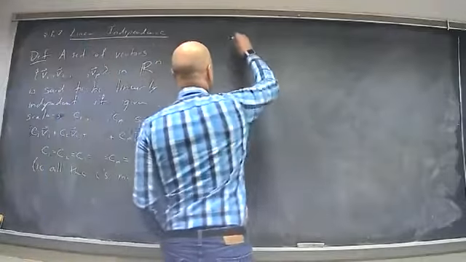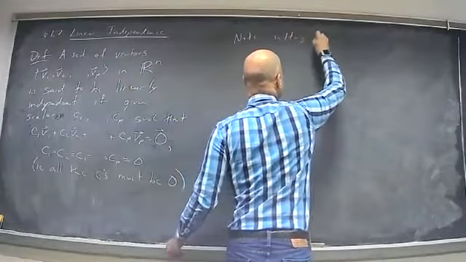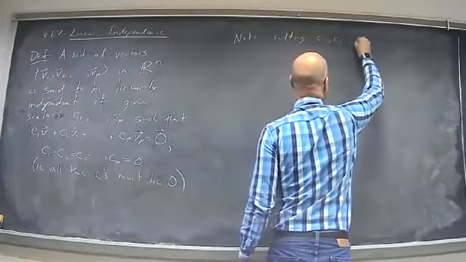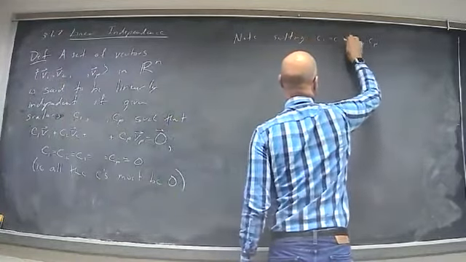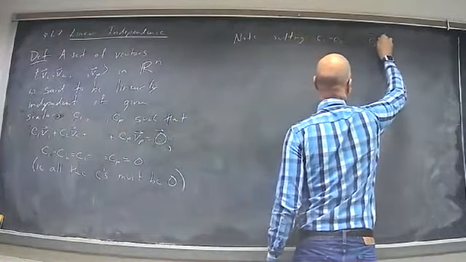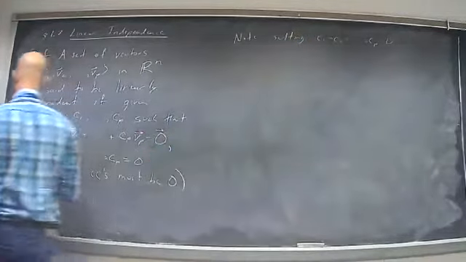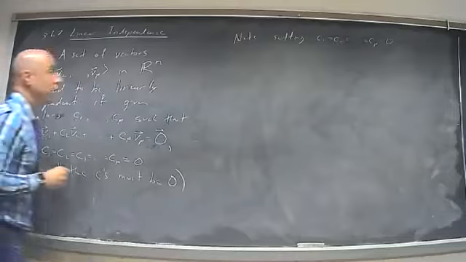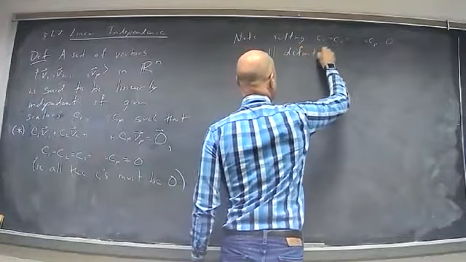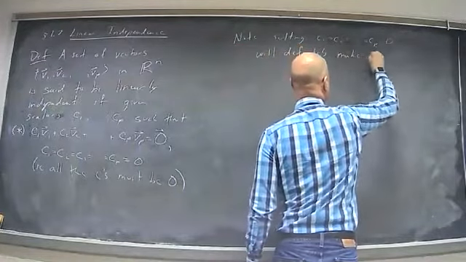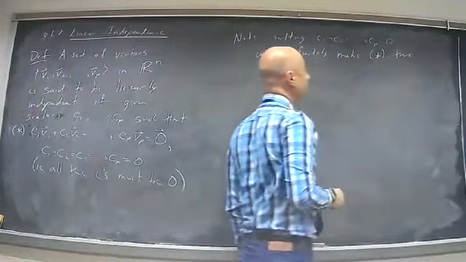So note, setting c1, c2, all the way up to cp equal to 0 will definitely make, let me call this equation star, will definitely make star true.